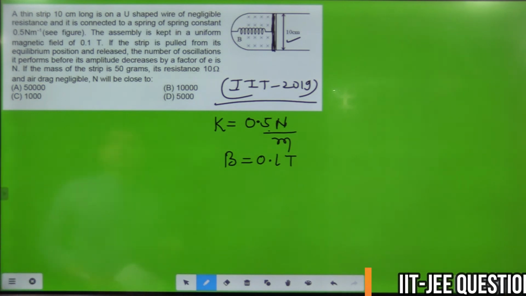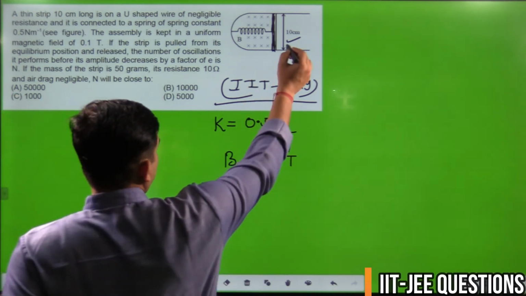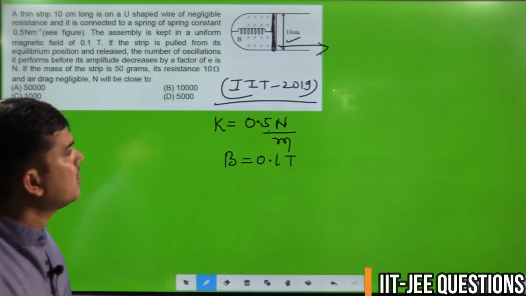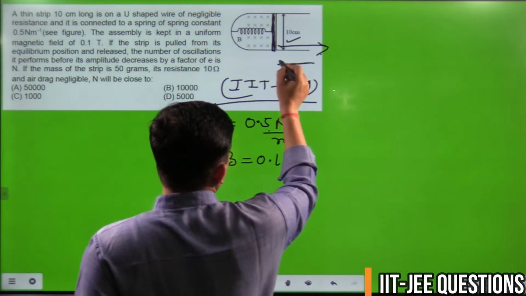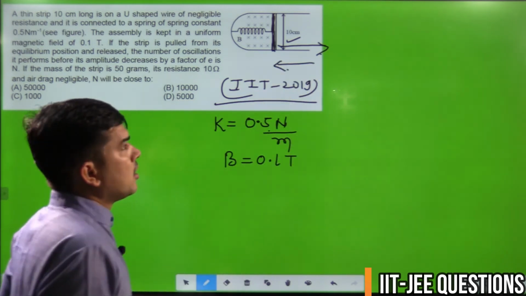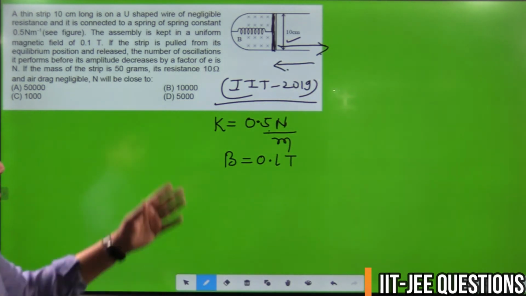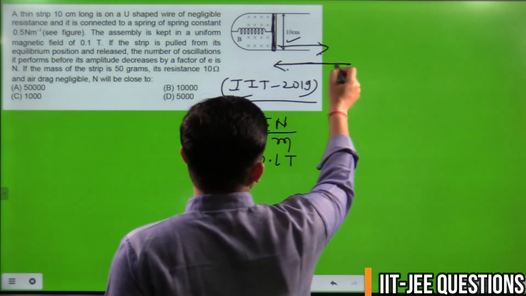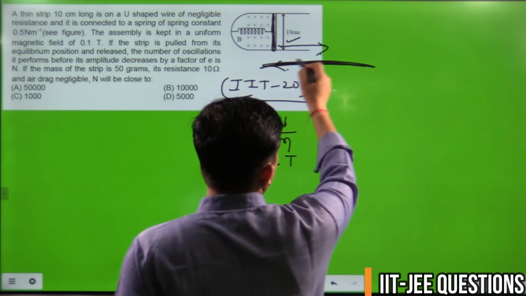If the strip is pulled from its equilibrium position and released, meaning the spring is pulled in this direction and released, then what happens? The piston-like structure will oscillate like this, to and fro.